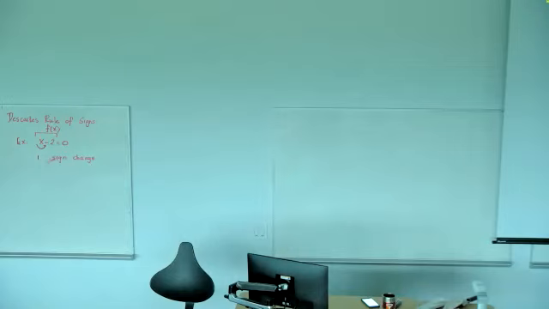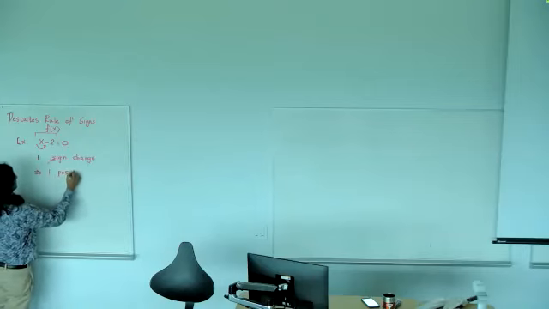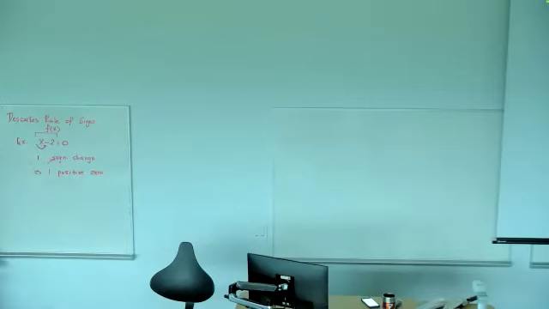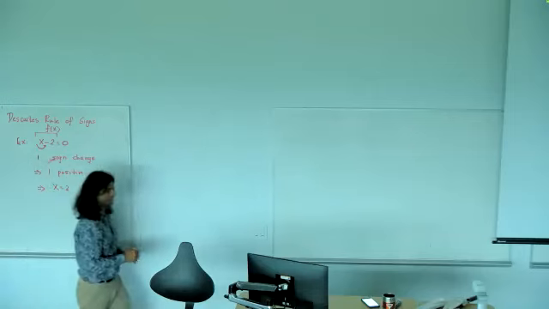Since it has one sign change, this would imply one positive zero. Do we agree that it has one positive zero? x minus 2 is 0, which would imply x is equal to positive 2.